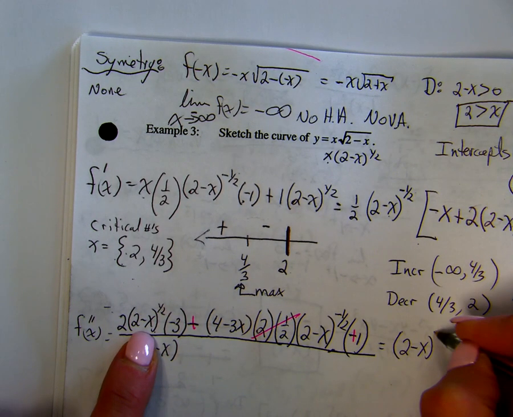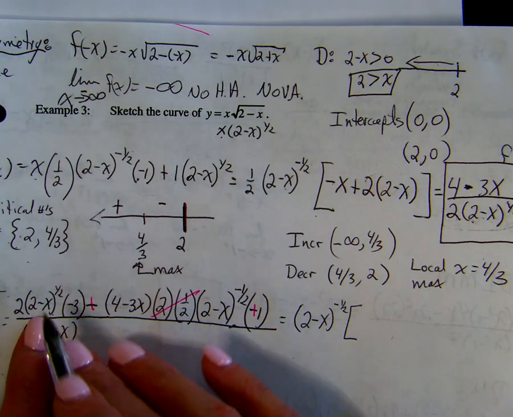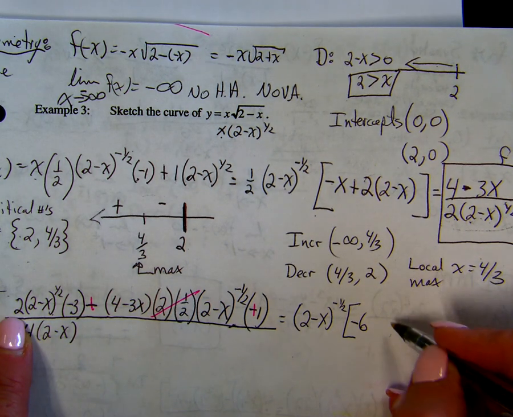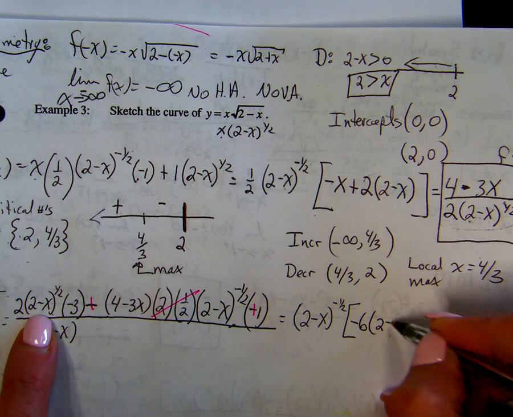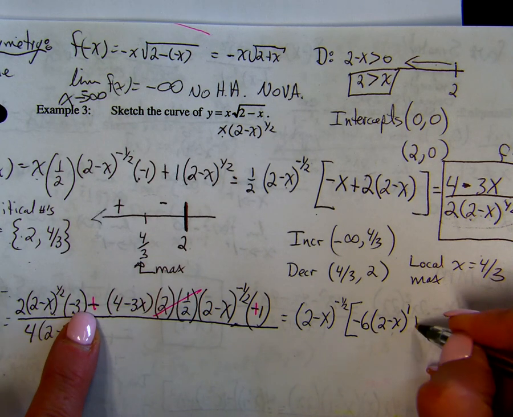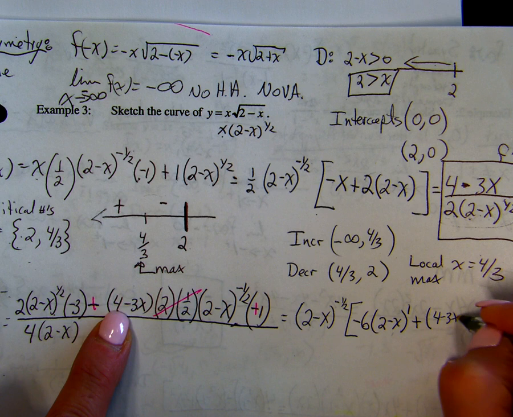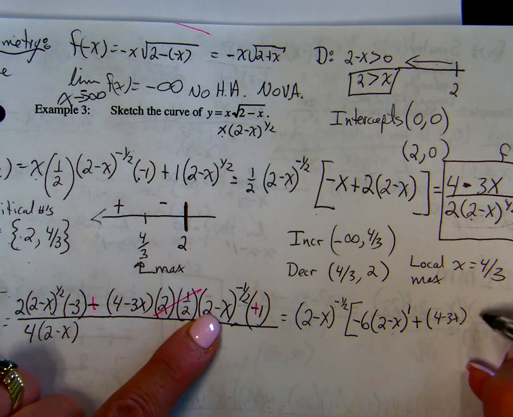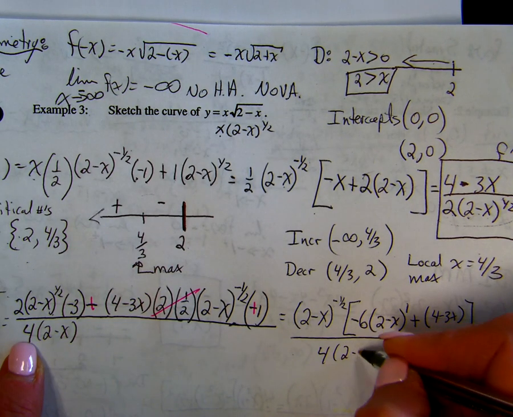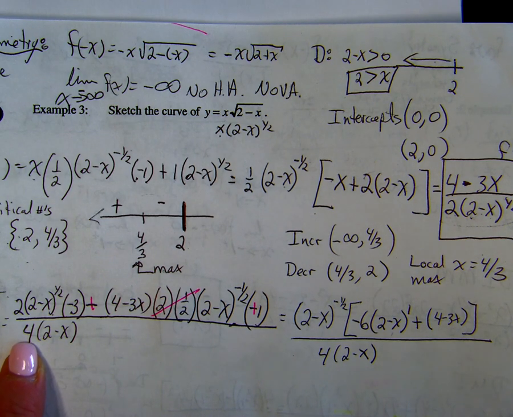Okay, so bracket 2 minus x to the -1/2, and it's going to go into here, 2 times -3, -6 times 2 minus x to the power of 1. We got this plus 4 minus 3x. Got that, got that, got that. Oh, done. All over 4 bracket 2 minus x to the power of 1.